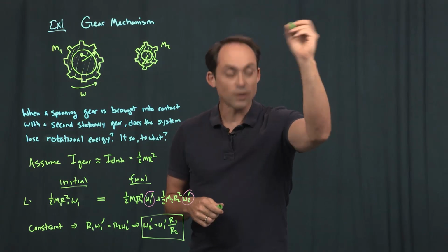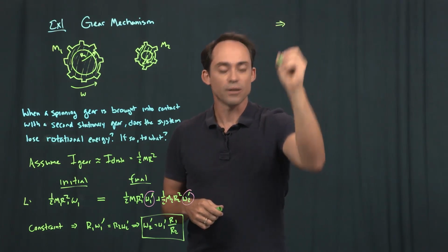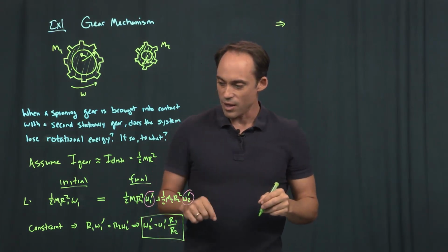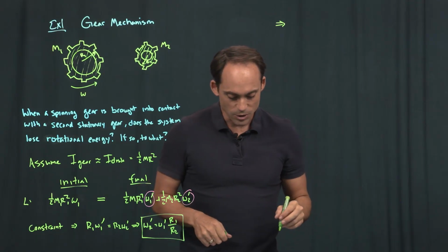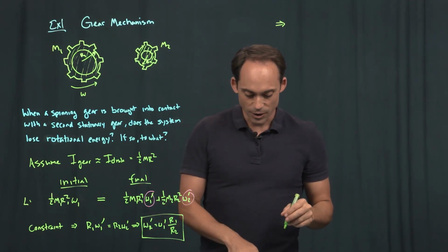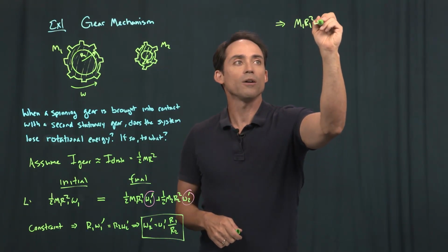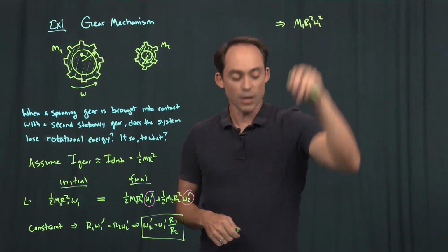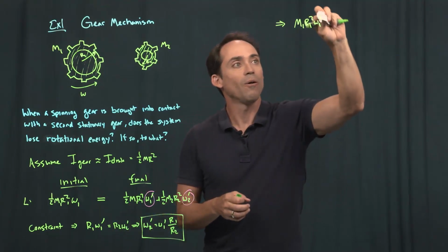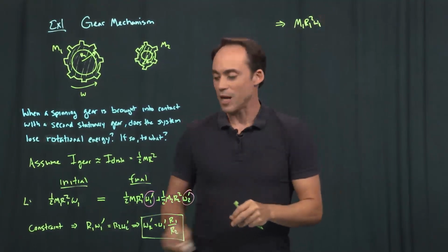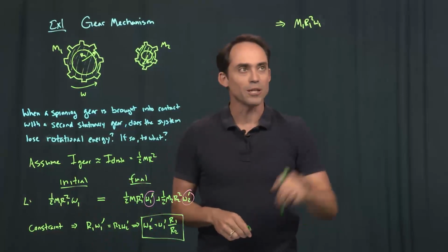So let's go ahead and compute then the expression for the rotation rates here, so we can solve for our final angular rates. I'm just going to write m1 r1 squared, omega 1, just linear. Again, we're still doing angular momentum, so I'm just dropping my half terms here.